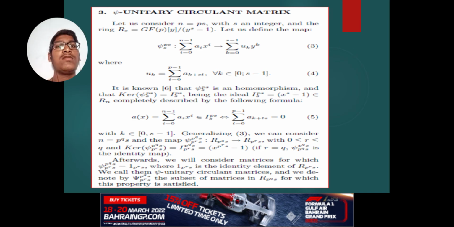And the next, the third topic, is unitary circulant matrices. Let us consider n equals p^s with s an integer, and the ring R_s equals GF(p)[y] modulo y^s minus 1.